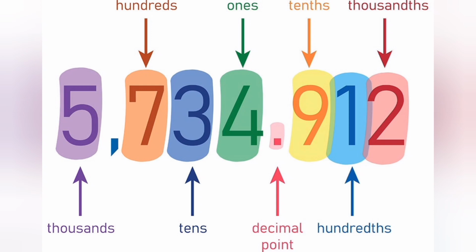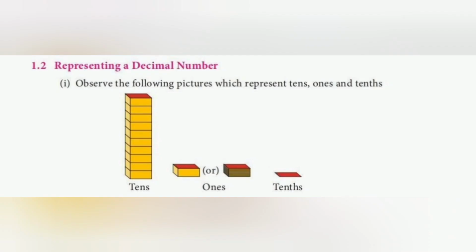For the decimal part, we should not give place values while reading. We are not supposed to read it like that, that is the wrong way of reading. The correct method of reading is 5734 point 9 1 2.